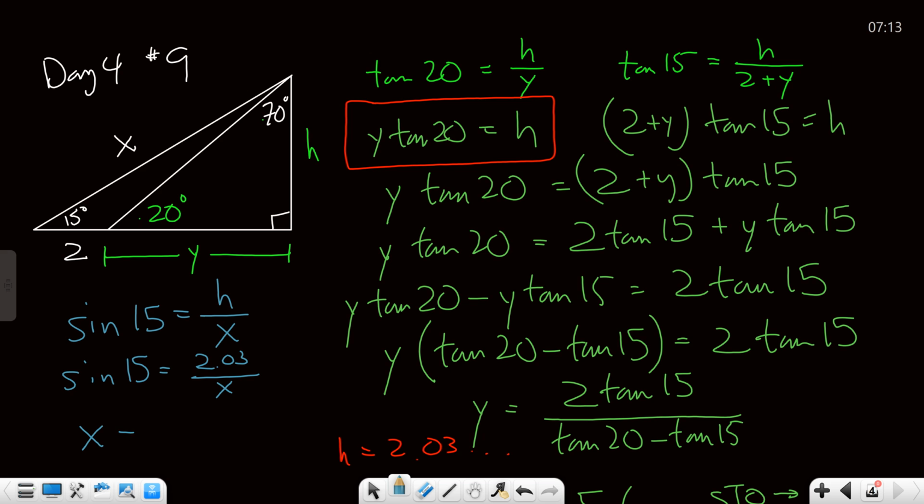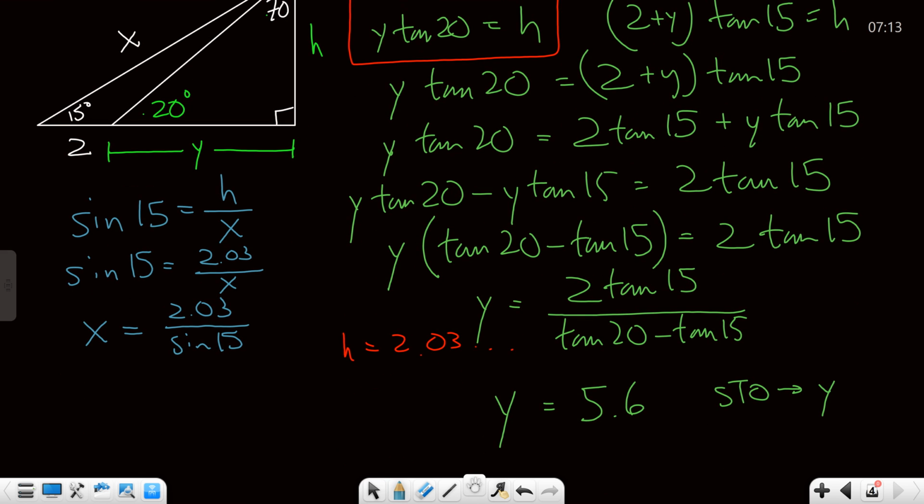You do the switcheroo: x is equal to 2.03 divided by the sine of 15. Again, I'm using the stored value, so I'm taking h and dividing by the sine of 15, and I get an answer for x, 7.85, or 7.8.